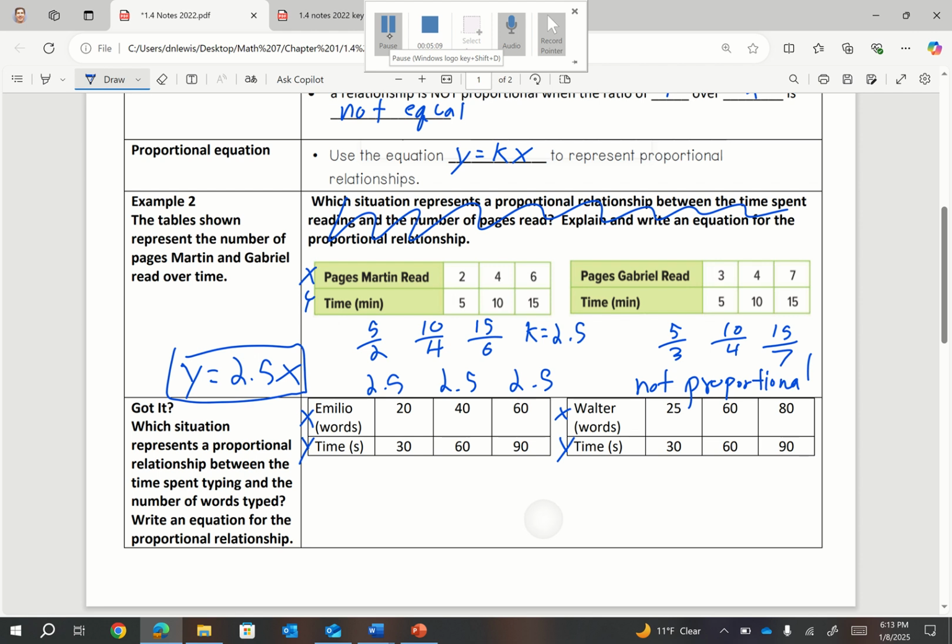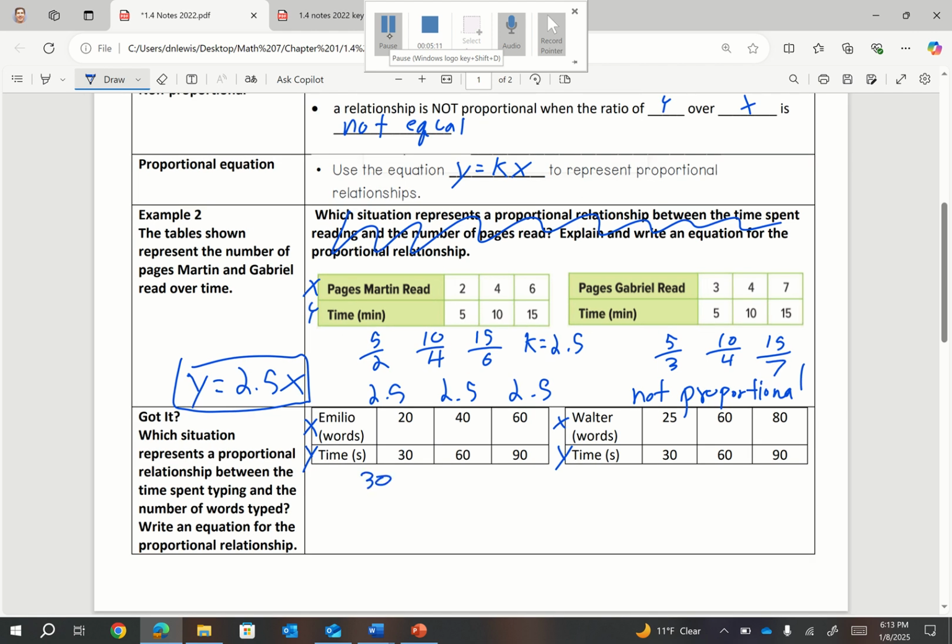Okay, so again, we're just going to put our y over our x, 30 over 20, 60 over 40, 90 over 60, and each time we divide, we should get 1.5. So to plug that into our equation, we just put y equals 1.5 times x.